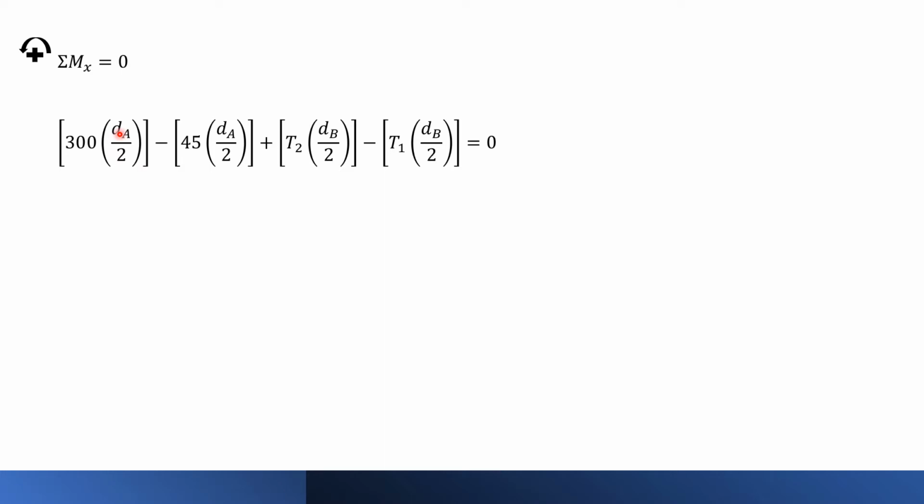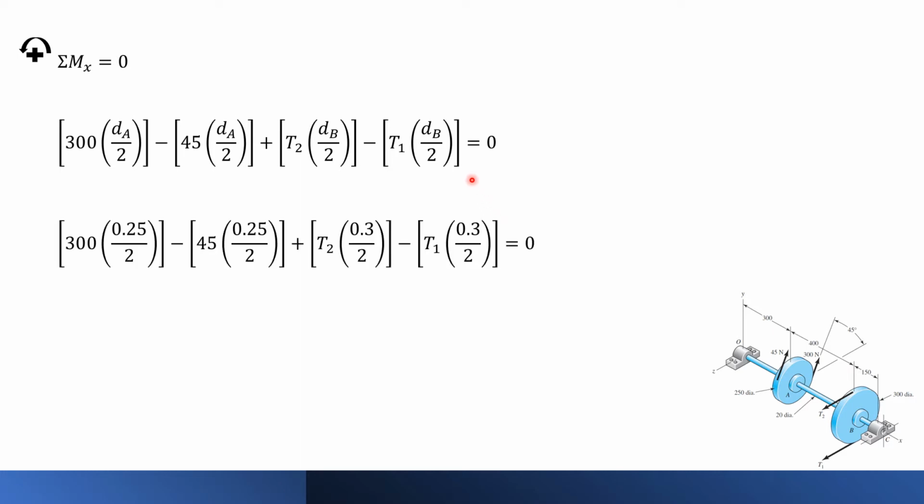So we can continue the calculation by putting in everything known from the figure, and for the plus and minus signs we look at the direction of the moment due to the forces.